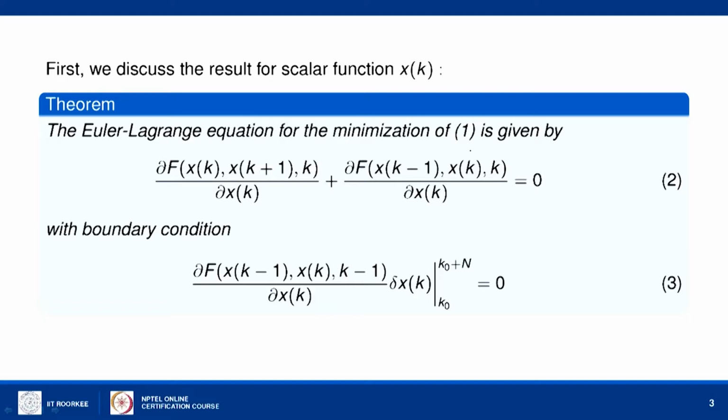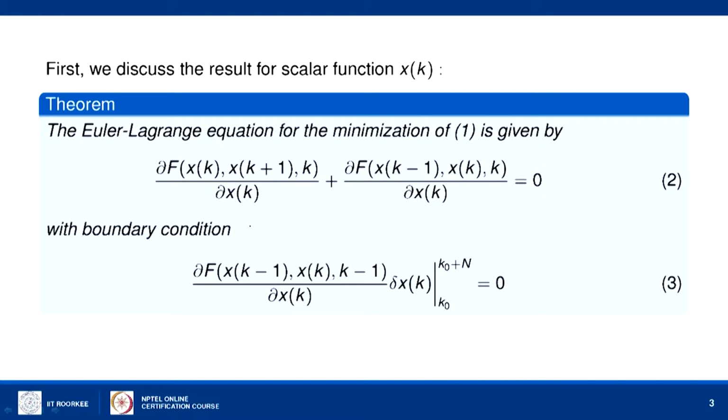Given in this theorem, the Euler-Lagrange equation for the minimization of expression 1 is given by this expression. The partial derivative of F of xk plus 1, k with respect to xk plus the partial derivative of the function F of xk, xk minus 1, k with respect to xk should be equal to 0 is the necessary condition.